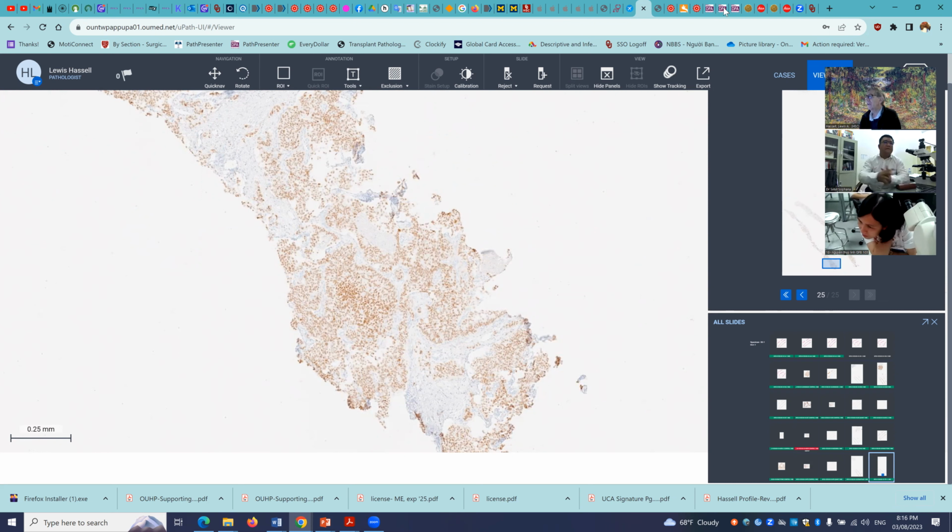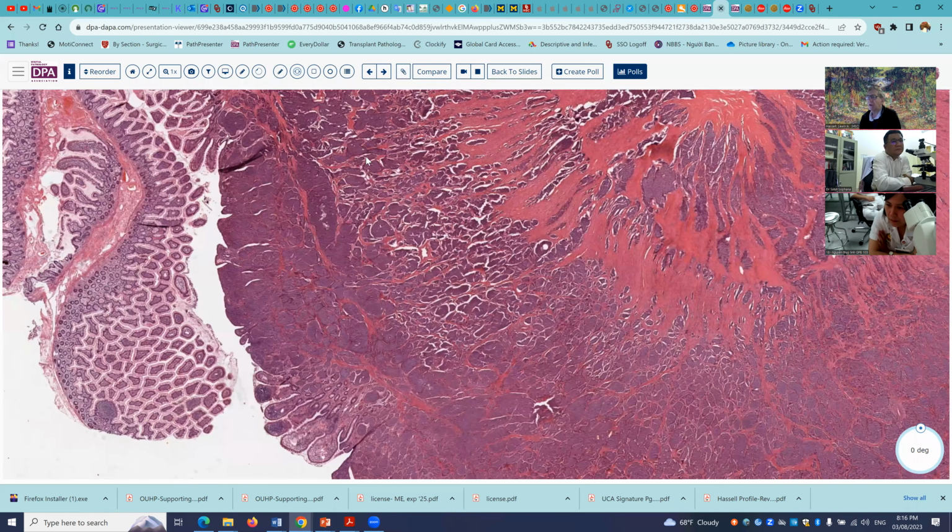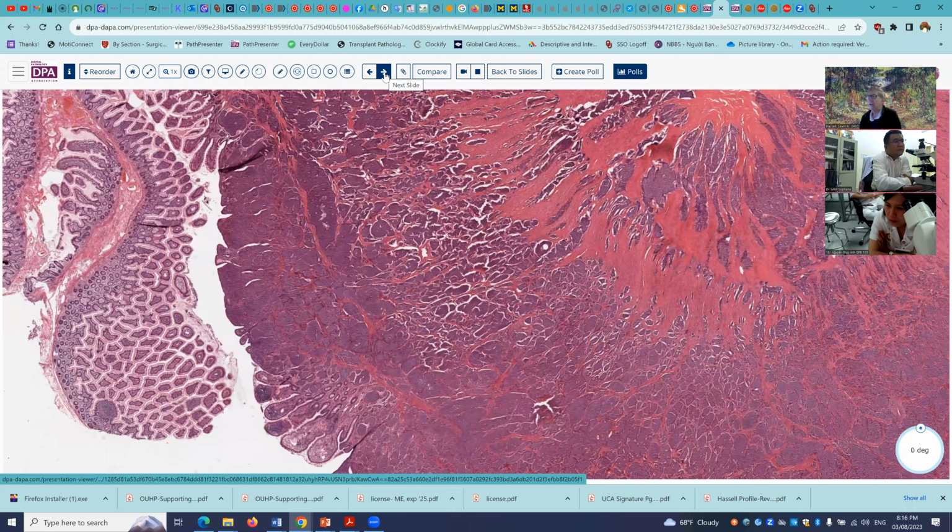So that was another little teaching point to bring back on these lesions. And it may very well have originated with a tumor just such as this, maybe an occult one in the small bowel or somewhere else that has metastasized to the liver.